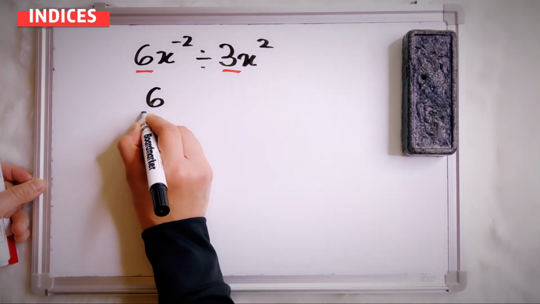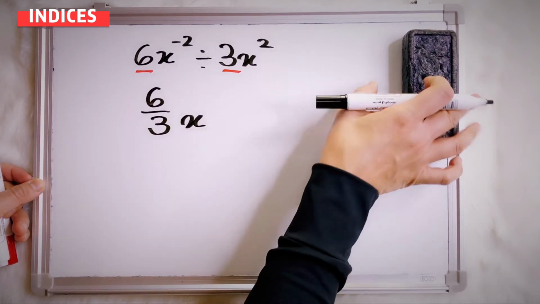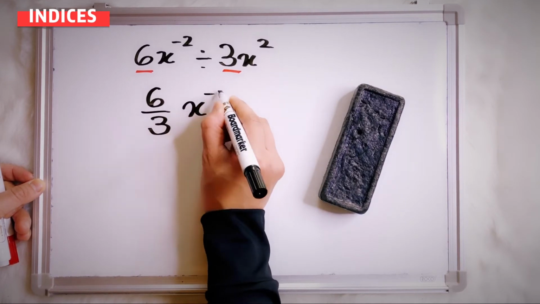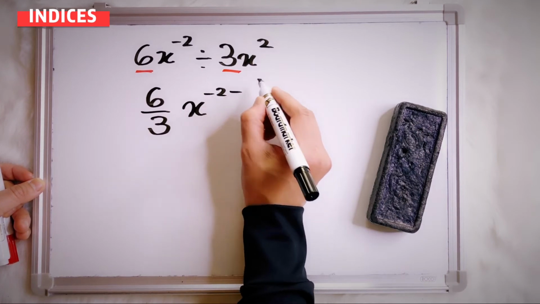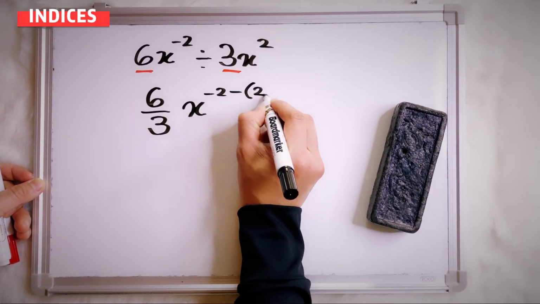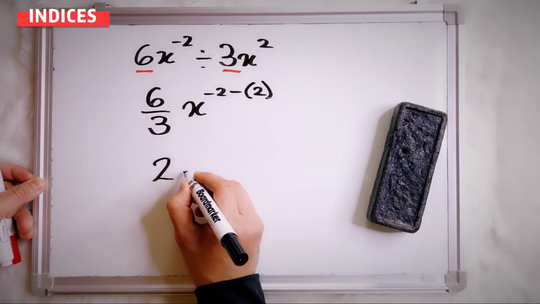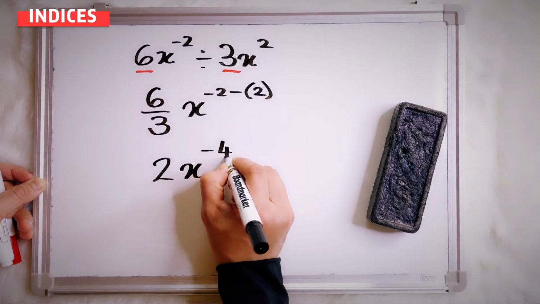Okay, 6 over 3. So now your x now negative 2. If here is divide, that means you have to minus 2. So 6 divided by 3 means 2, x power of negative 4.